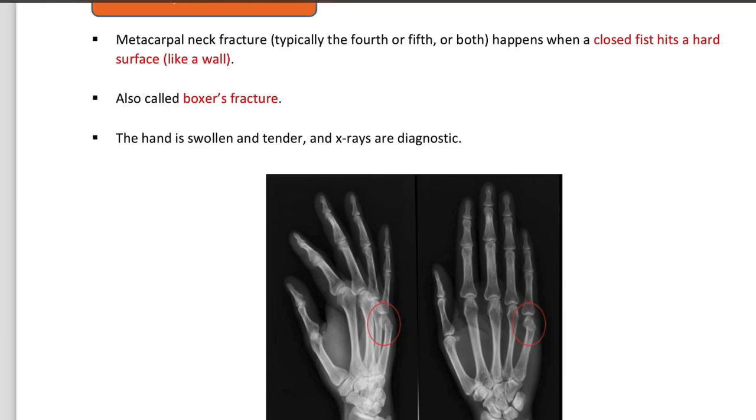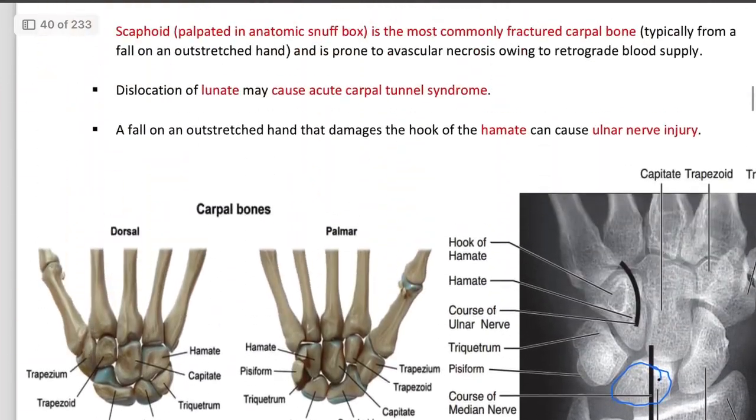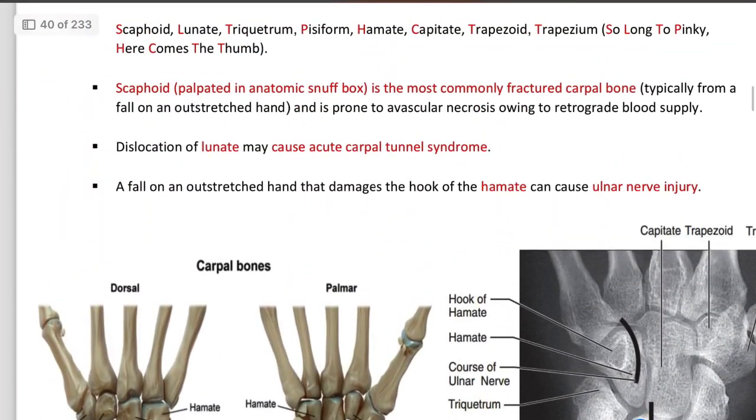Okay, in summary, I'm going to give a brief recap of these wrist bones and injuries. In scaphoid fracture we see snuffbox tenderness and risk of avascular necrosis, and for that we use a thumb spica splint.